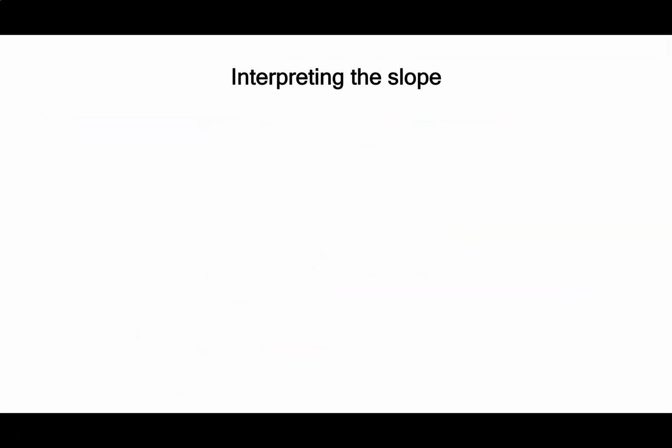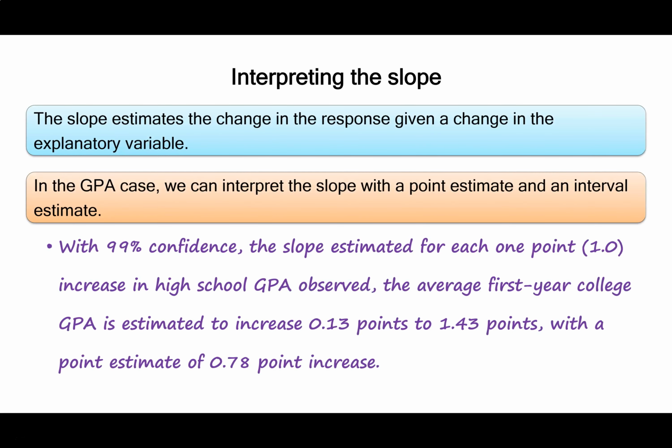Okay, so for interpreting the slope, we are going to say for a 1 unit increase in X, we think this is what's going to go with Y. And we can combine this with the 2-part write-up for a confidence interval. So for this GPA case, we can interpret the slope as an interval estimate.